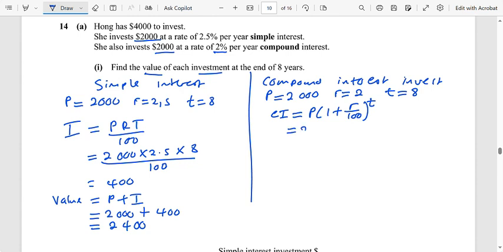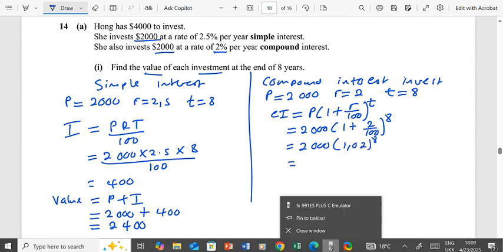So our principal is 2,000 of 1 plus 2 over 100 to the power 8. So this is 2,000. 2 over 100, that's 0.02 plus 1 gives us 1.02 to the power 8.